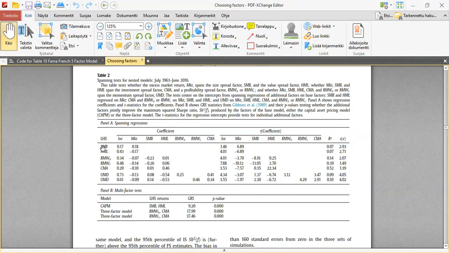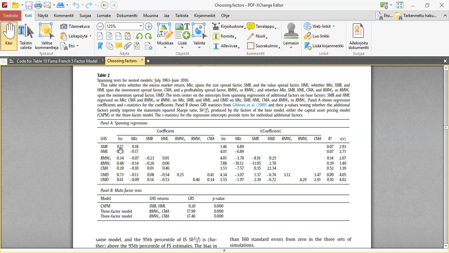What we test is the Fama and French 3-factor model against the CAPM, because the 3-factor model nests the CAPM. The 2 additional risk factors of the 3-factor model that are not included in the CAPM are the size factor and the value factor. And we regress those additional risk factors on the CAPM. This is what happens here.